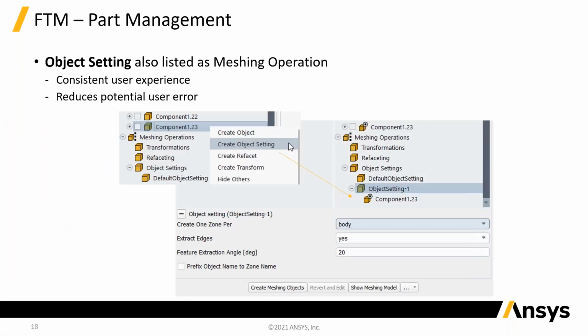So those were all for the watertight meshing, which is what most people seem to use who've got reasonably clean CAD. They do a little bit of cleanup and they've got a nice system.